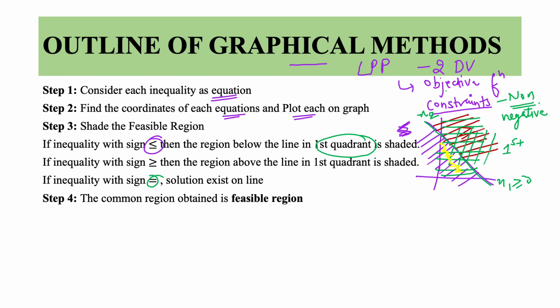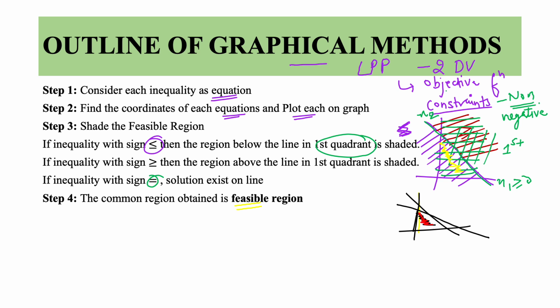Now suppose we have two equations like this. I have a graph in which there is one line, there is another line, and this box is my feasible region. I will shade it with a different color.